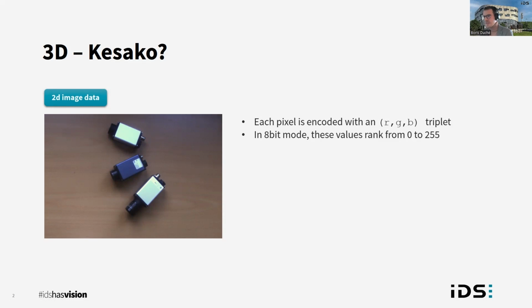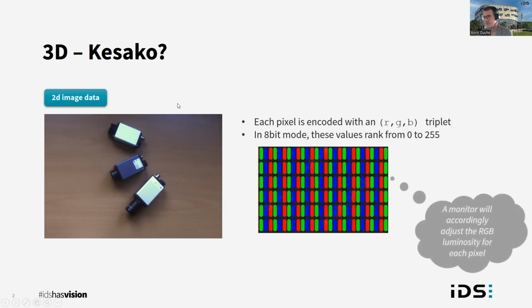These values are typically encoded in 3 times 8 bits. Each value represents one color channel, red, green, and blue, and your display, your monitor, will adjust the LEDs at the pixel level to display the appropriate color. This is how a 2D color camera works.